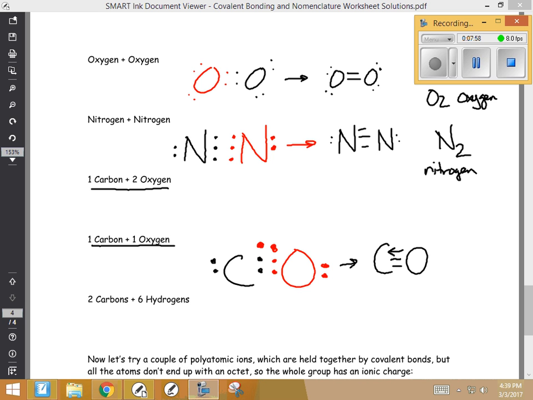Oxygen donated all of the electrons, and don't forget our unshared pairs, and this is known as carbon monoxide, and CO is the formula. Go ahead and do carbon dioxide right here, and this one right here before.